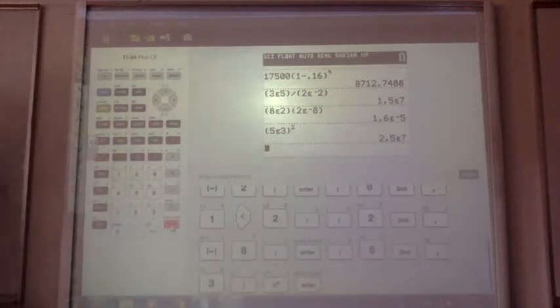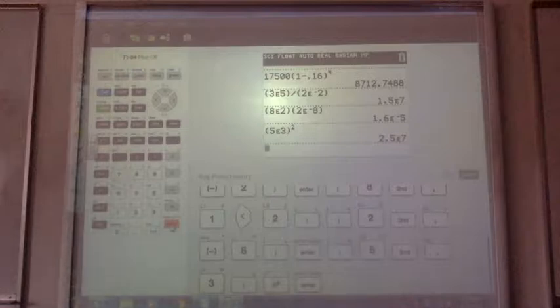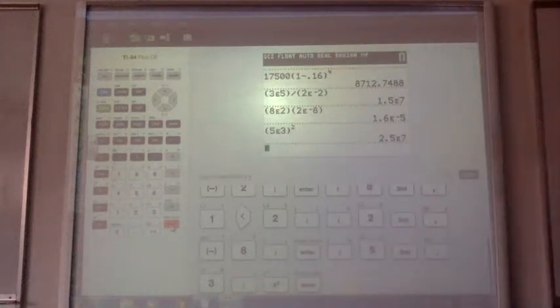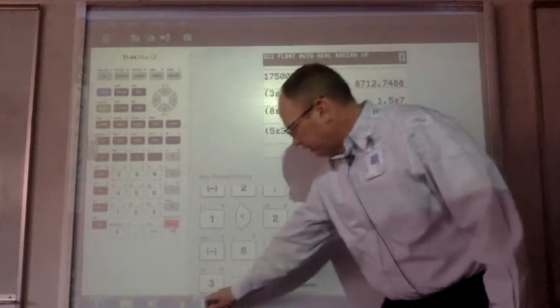Boom. 2.5 times 10 to the 7th. So these calculators will do the work for you, okay? So just notice it is a tool. It's the exponential function. So there's an E key that works on the calculator. So that's just a little insight for that.